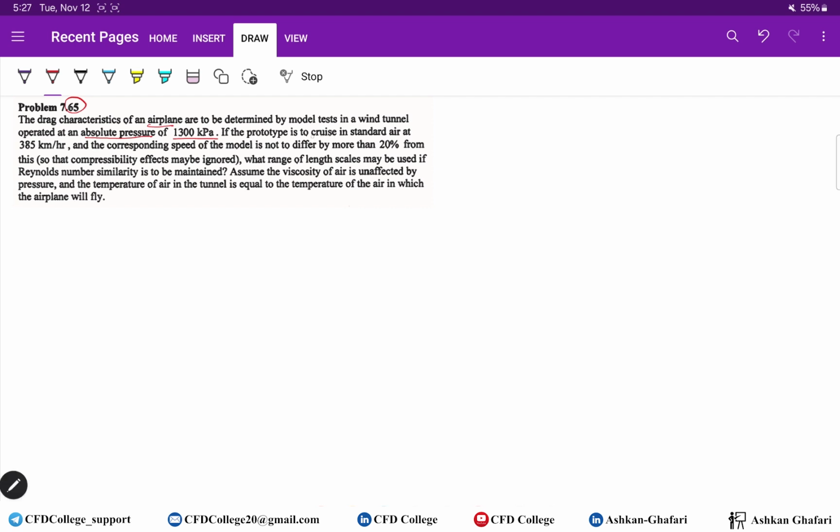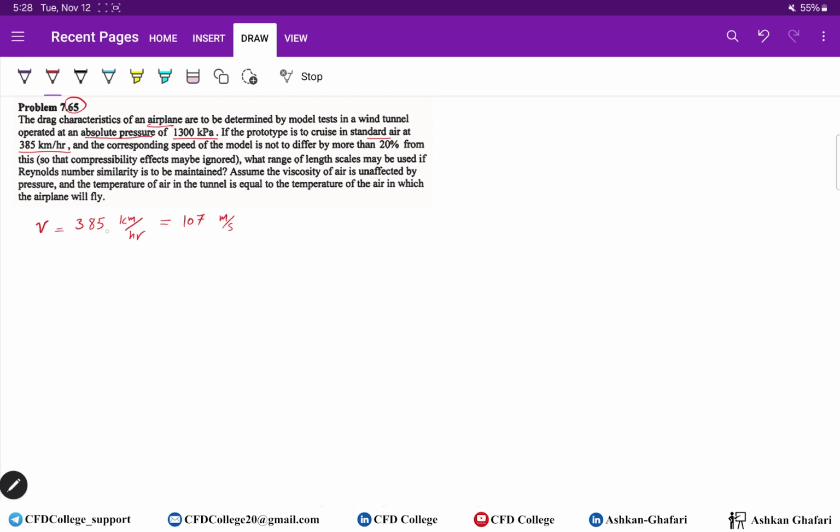If the prototype is to cruise in standard air at 385 kilometers per hour, so we know velocity is 385 kilometers per hour, which is equal to 107 meters per second.